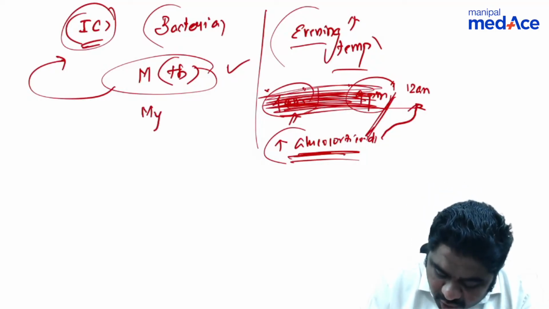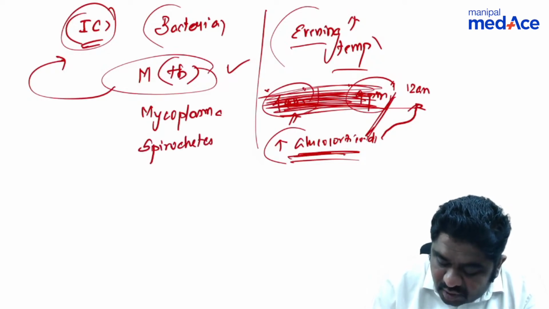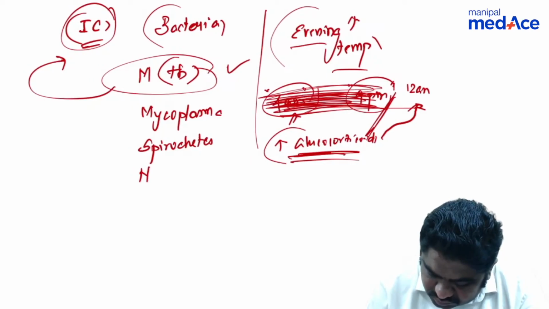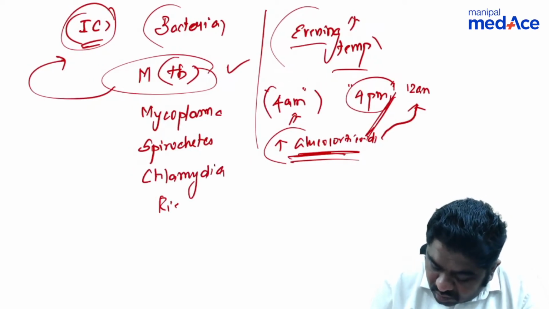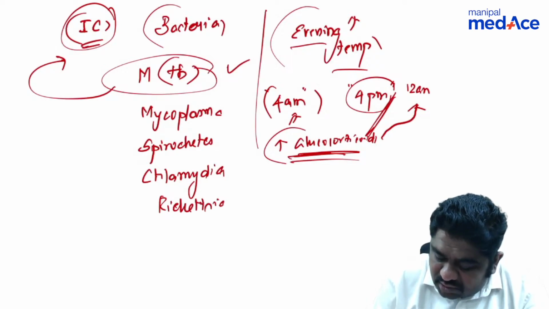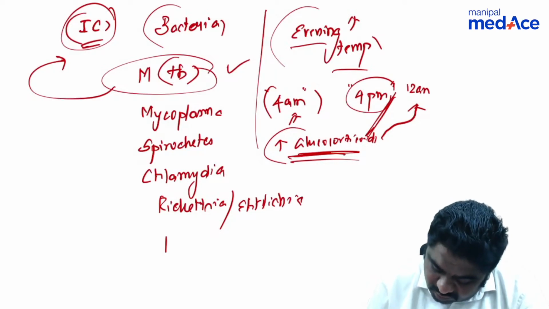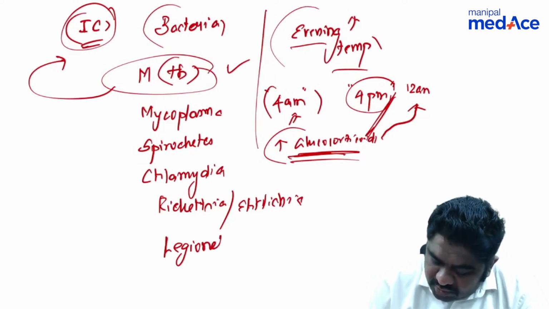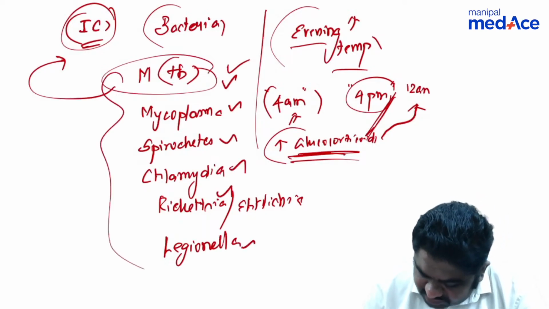After MTB, you have mycoplasma, you have spirochetes, you have chlamydia, rickettsia. Rickettsia has a variant called Ehrlichia, and you have Legionella. 1, 2, 3, 4, 5, 6.